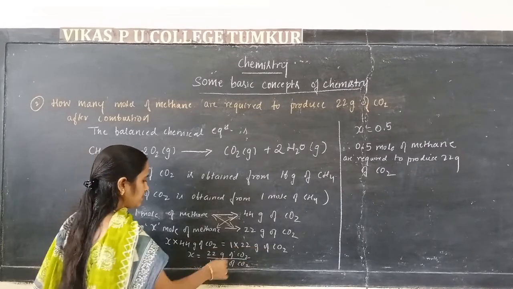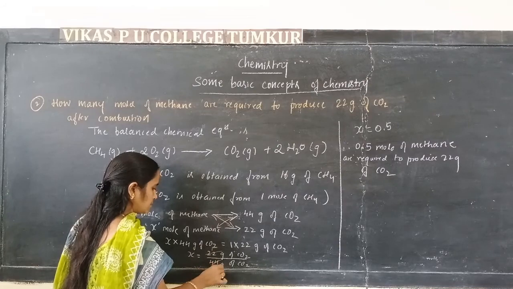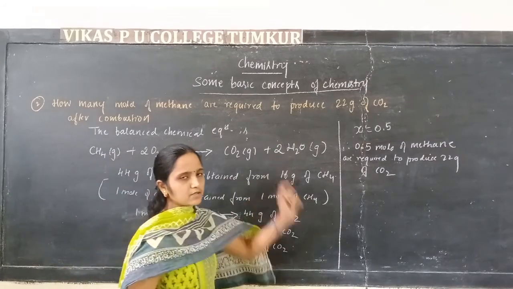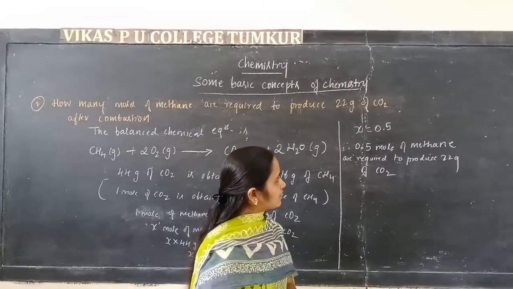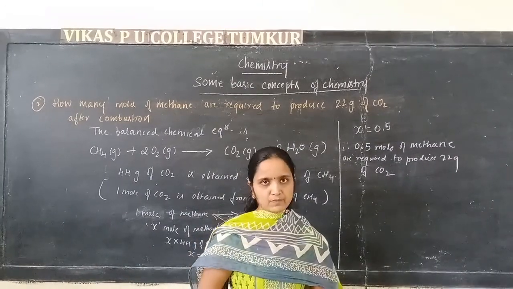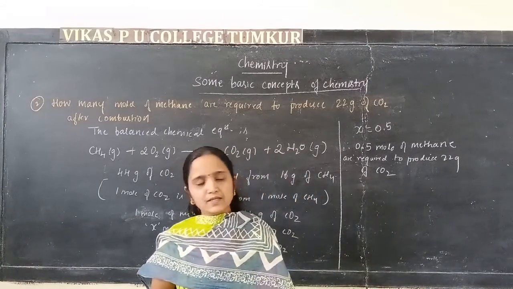Cancelling, 1 by 2 is 0.5. So 0.5 moles of methane is required to produce 22 gram of CO2.